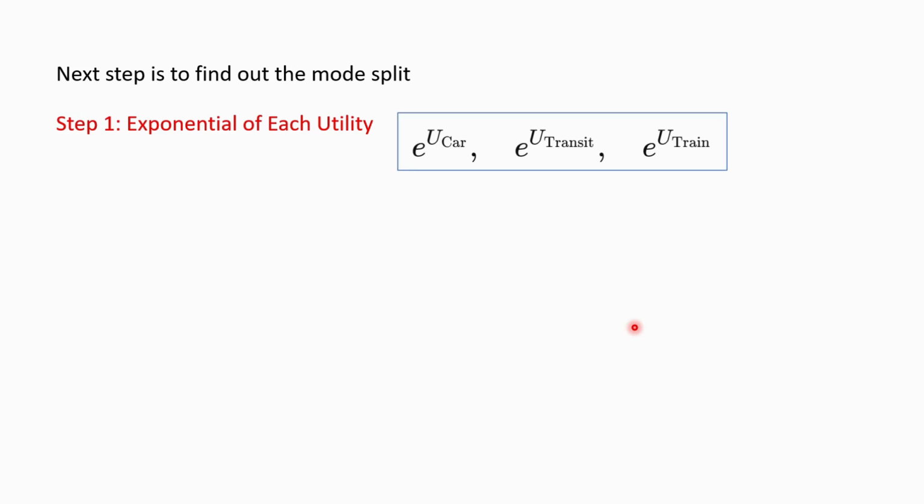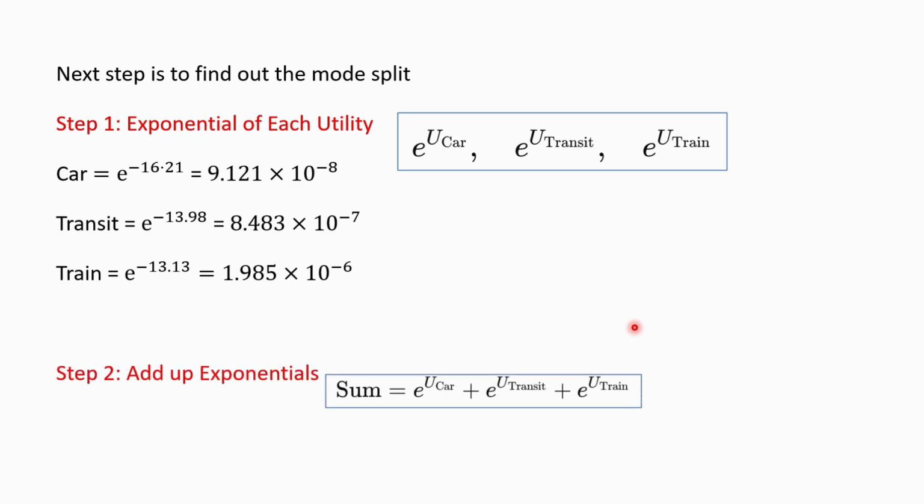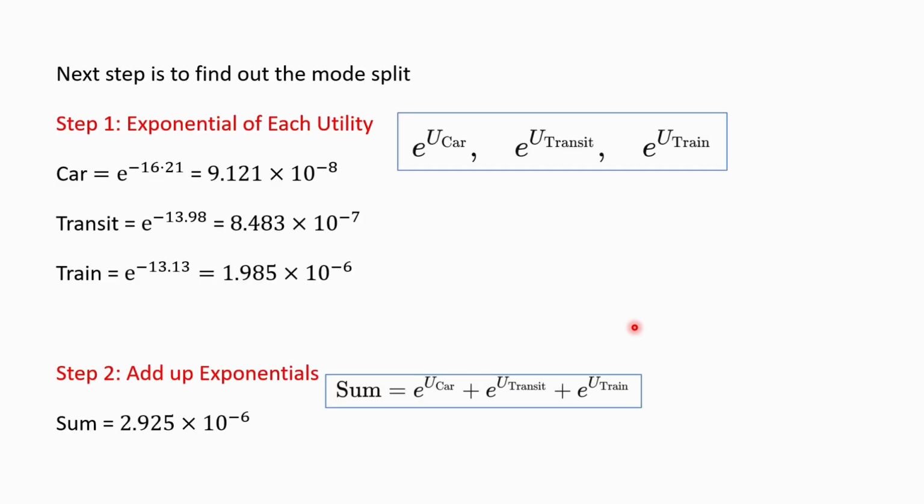The next step is to find the mode split, that is, to find the exponential of each utility. So e raised to U car, e raised to U transit, e raised to U train. You can calculate all this, then find the summation, e raised to U car plus e raised to U transit plus e raised to U train. The sum comes to 2.925 into 10 raised to minus 6.